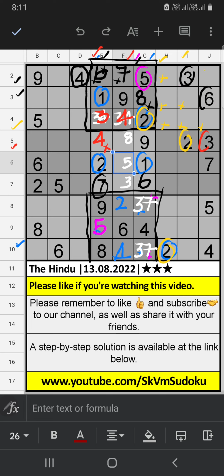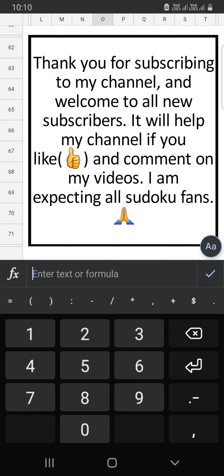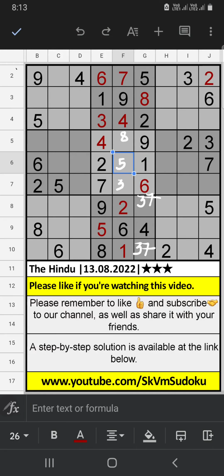The 2 is confirmed here. Second row, 2 numbers are remaining, 1 and 8. It will come in one of the two cells. We will confirm later.